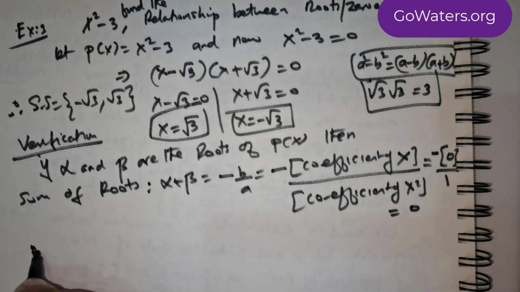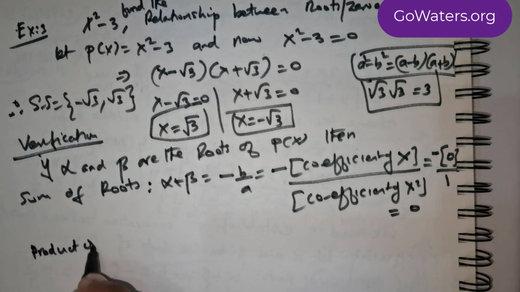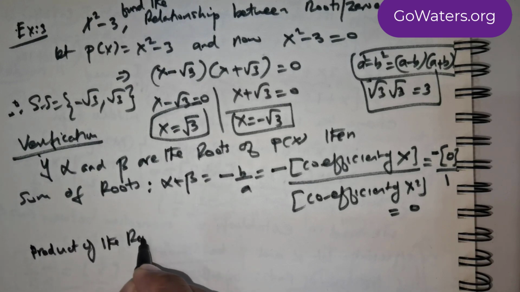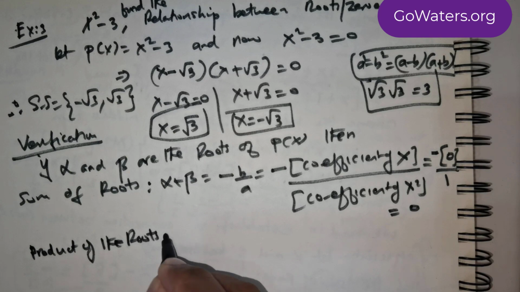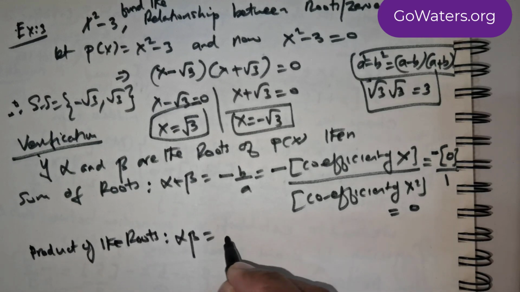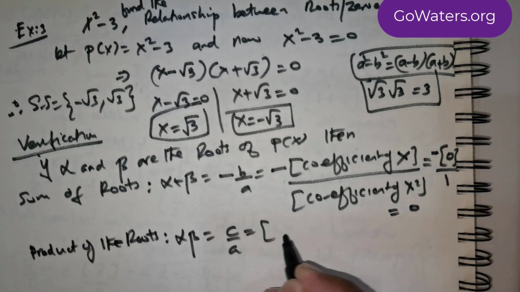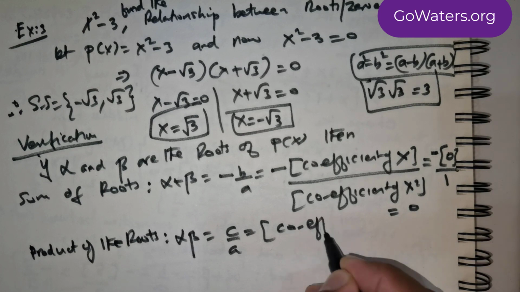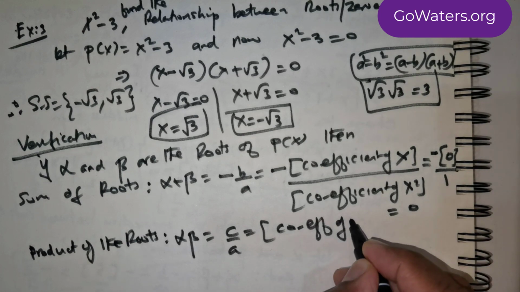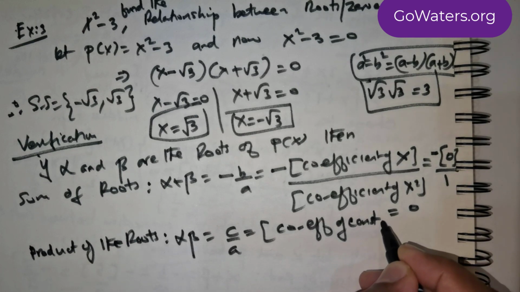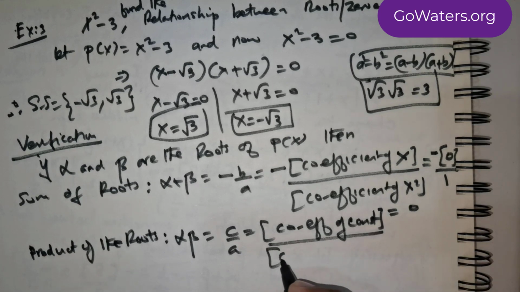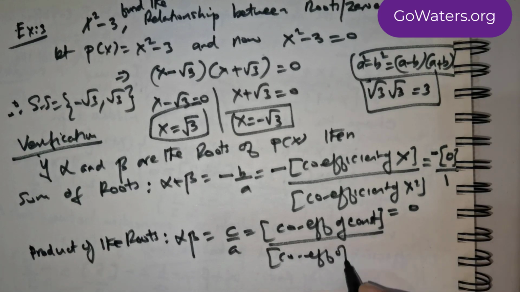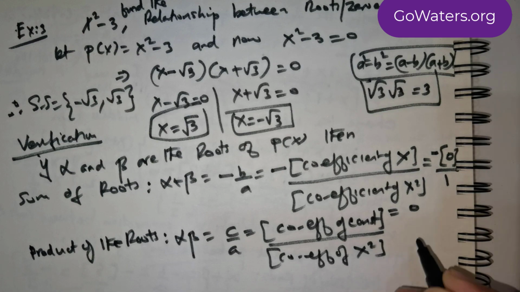Next, the product of the roots. So what does this mean? This means alpha multiplied with beta is equal to c divided by a. What is that? That's nothing but coefficient of constant divided by coefficient of x squared.